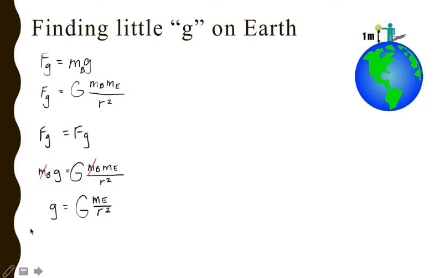So basically we can see that the acceleration due to gravity only depends on the mass of the planet and the distance, in our case the radius of the planet plus the distance of the object above the planet.